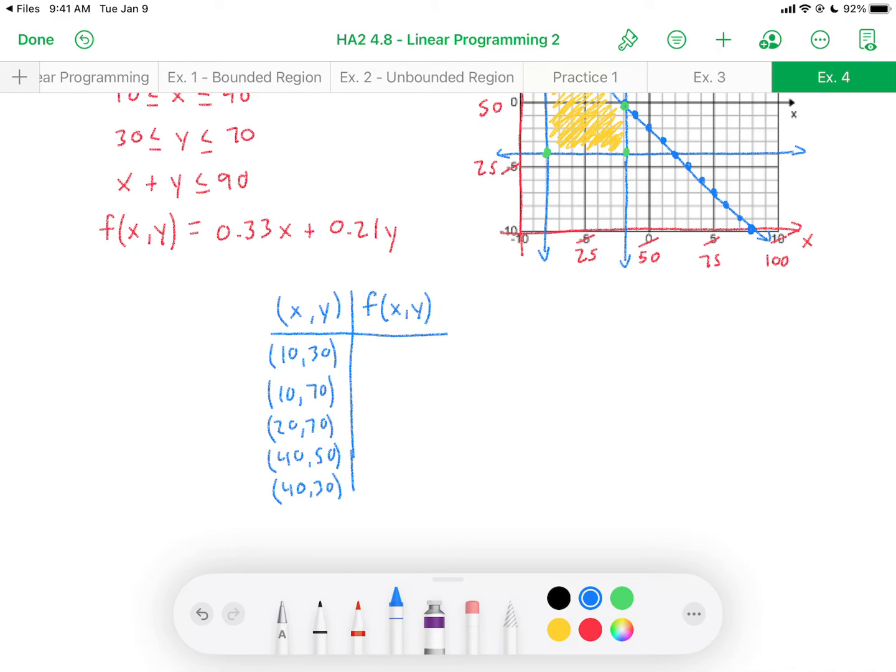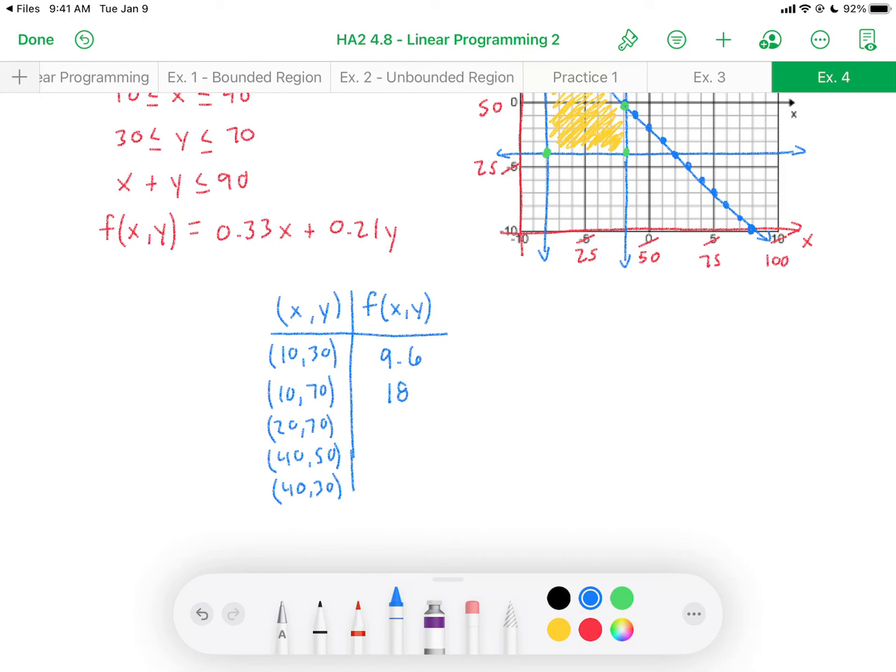All right, so let's just plug those into our objective function. So 0.33 times 10 plus 0.21 times 30. I'm getting $9 and 60 cents. Boy, that's a great profit. Wow. 0.33 times 10 plus 0.21 times 70. I'm getting 18.